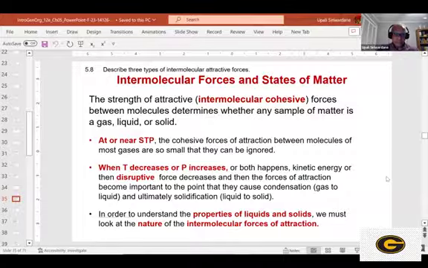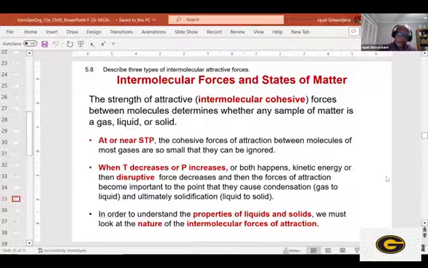ideal gas laws apply. But when the temperature decreases or the pressure increases, the kinetic energy disruptive forces we talked about, the forces that separate the particles, become weaker. Therefore, they become liquids and solids.